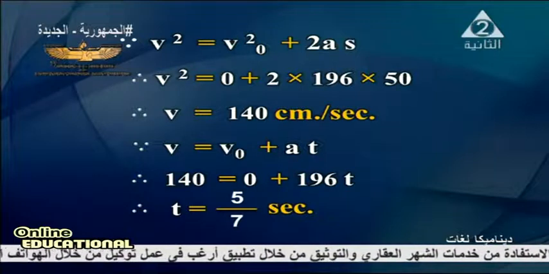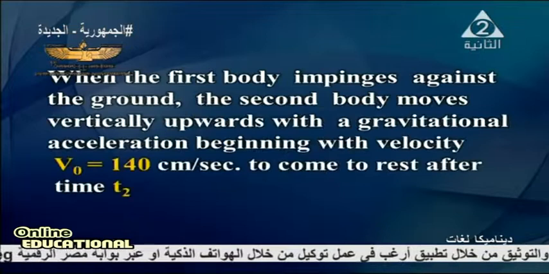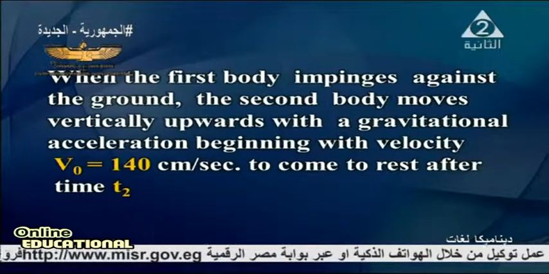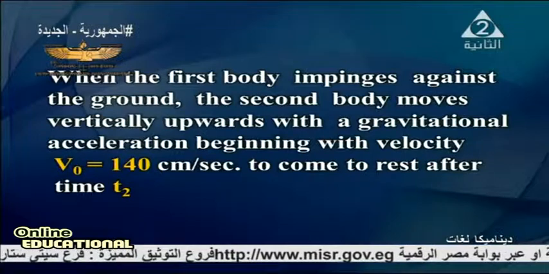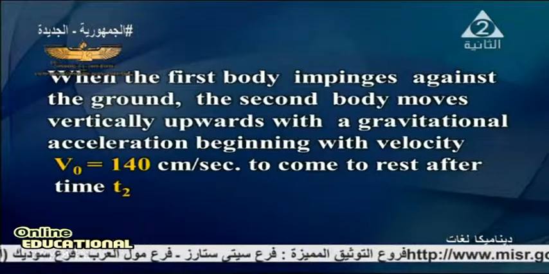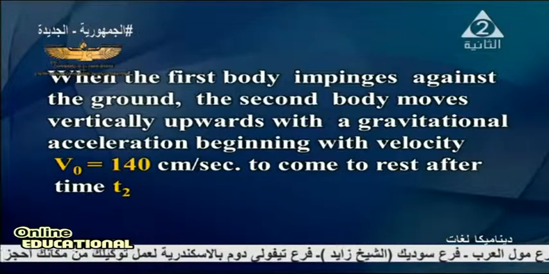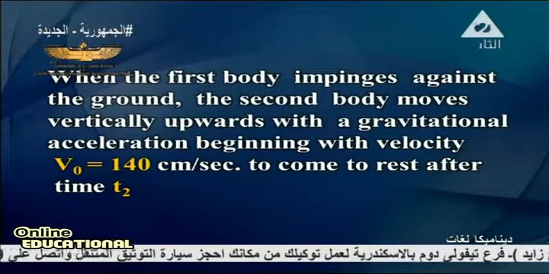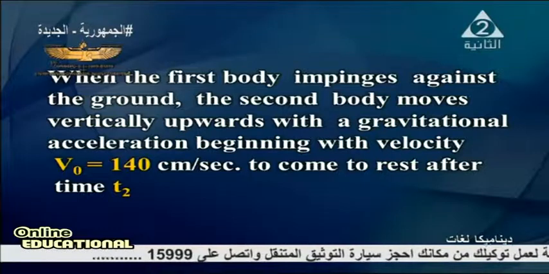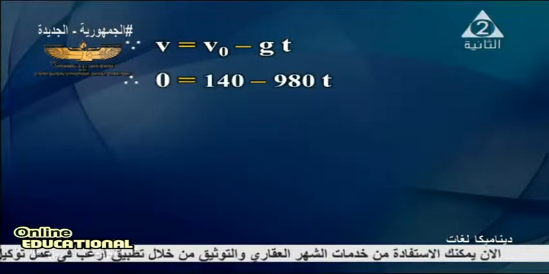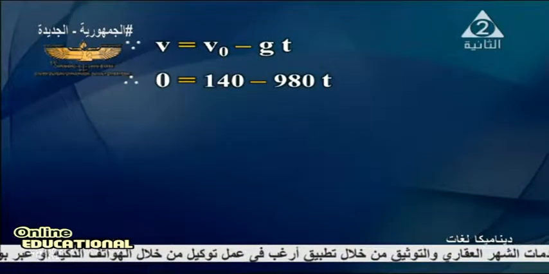Now, when the first body impinges against the ground, the second body moves vertically upward with acceleration g. Then it begins with initial velocity v naught equal to 140 centimeter per second, to come to rest after time t2. Then v equals v naught minus gt, and the final velocity 0 equals 140 centimeter per second minus 980t.